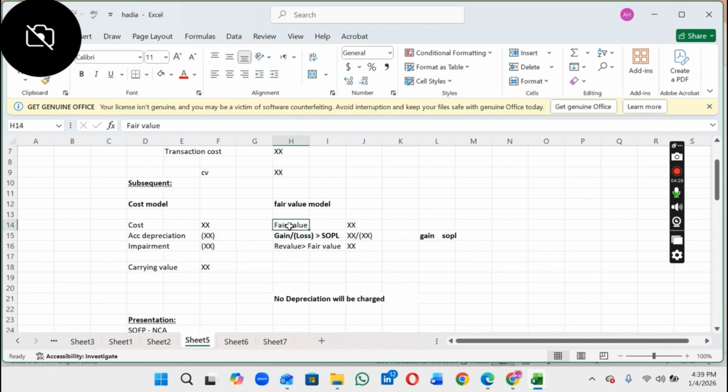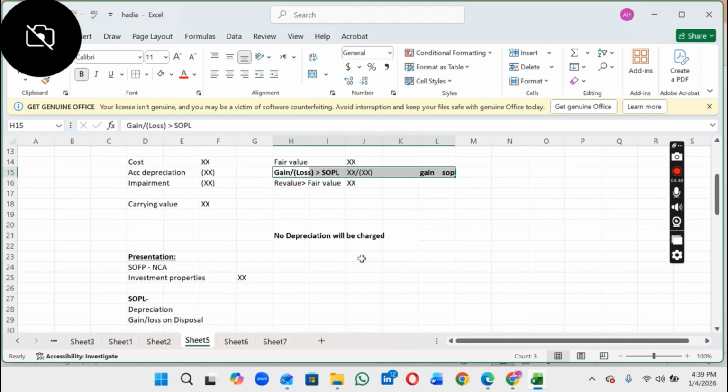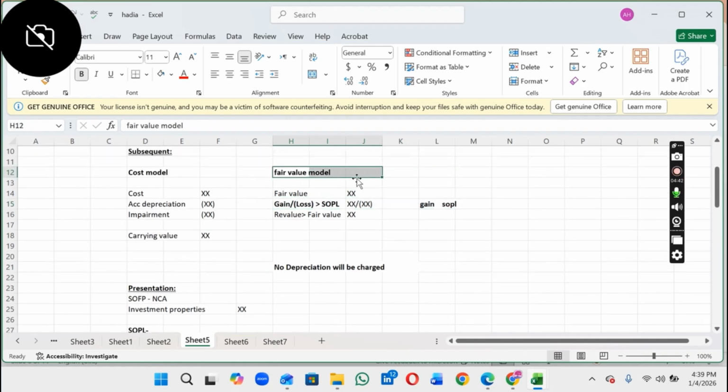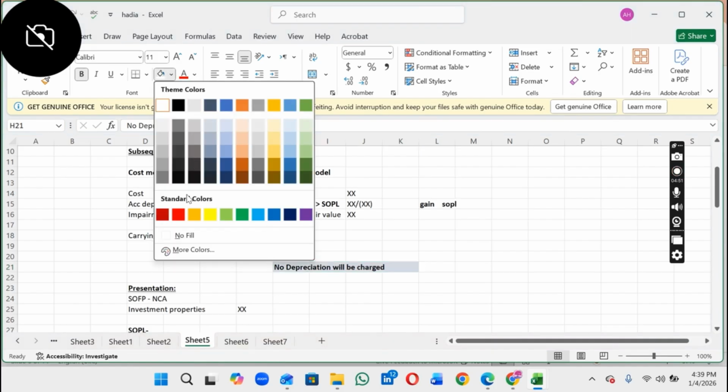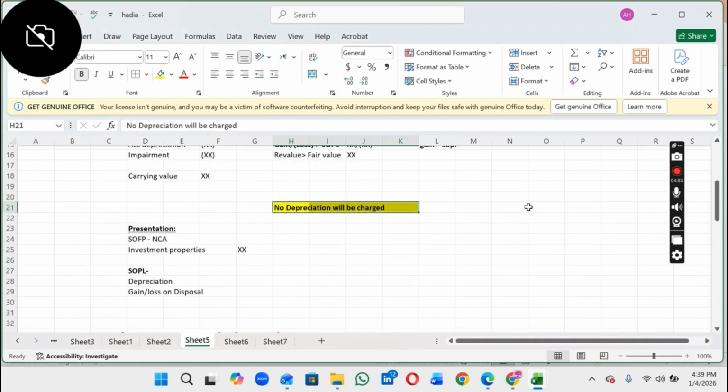In the fair value model, we will record our property at fair value, and any gain or loss will be transferred to the statement of profit and loss. In the fair value model, we will not charge any depreciation.